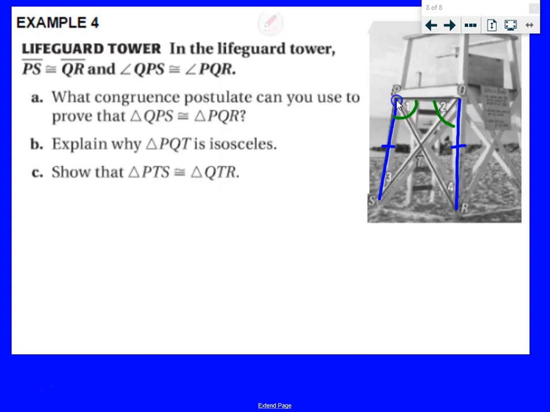So let's find where those triangles are. Triangle QPS, this triangle right here. And then PQR would be right here.